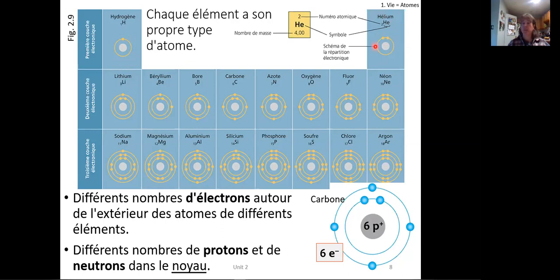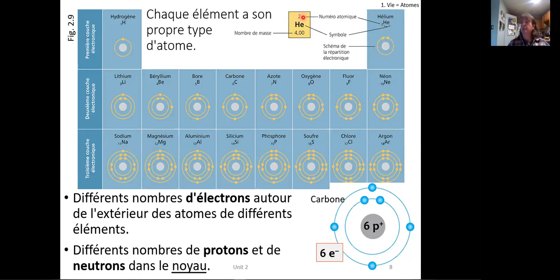Each of these squares shows the detail about the element. It shows the symbol that we use. So for helium, it's He. It shows the number of electrons in the sphere. We see 2 electrons. It shows the atomic number as this number 2 here, or sometimes you'll see a chart with it like this, the number 2.